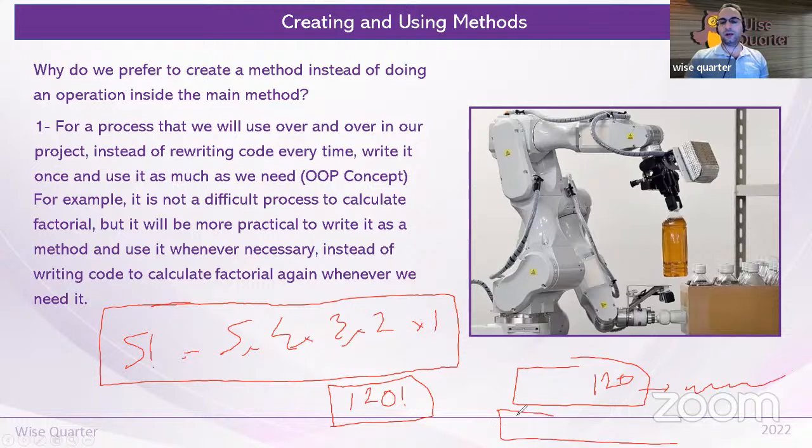And when you add another number, 155, the computer will calculate the result in nanoseconds for you. Instead of writing that code again and again, when you need it, call that method to do the heavy lifting. Whenever it's necessary, just call it and use the method.